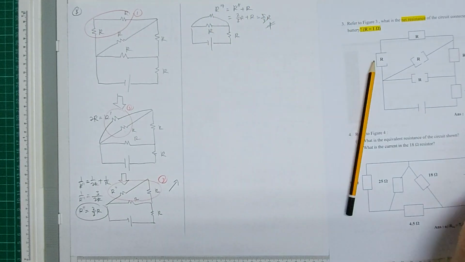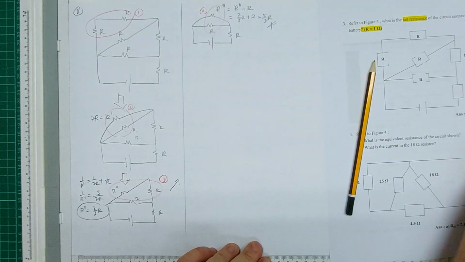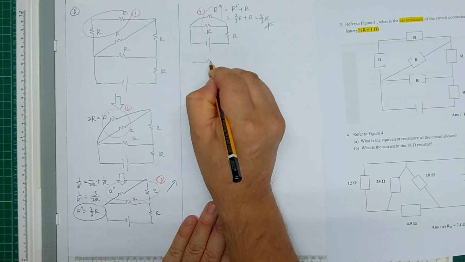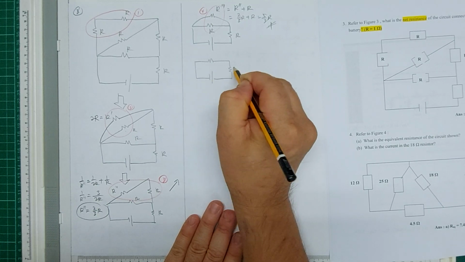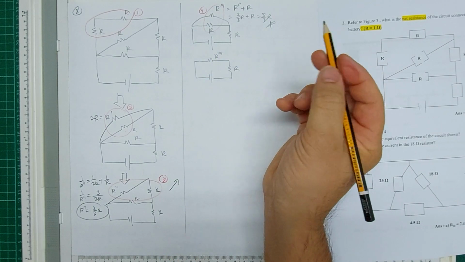Okay, and then you have to combine these two again. So that is now your step 4, and we combine that. We get something that is only one resistor. This is R. So now I call this one R prime prime prime prime, 4 times prime already.